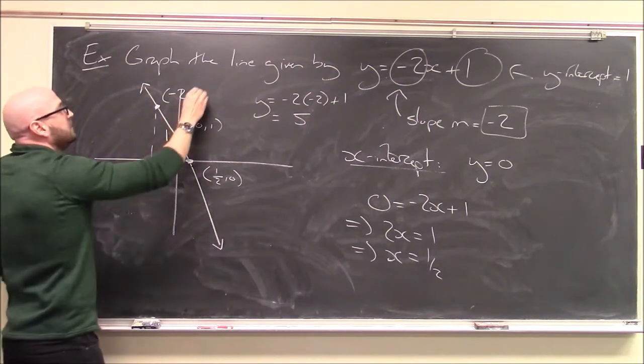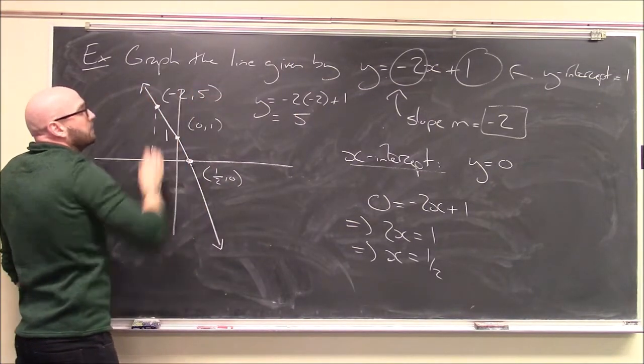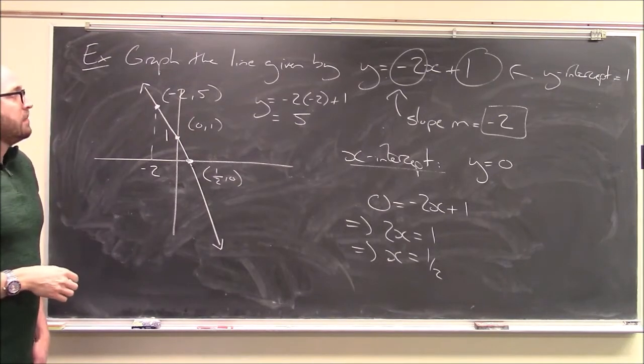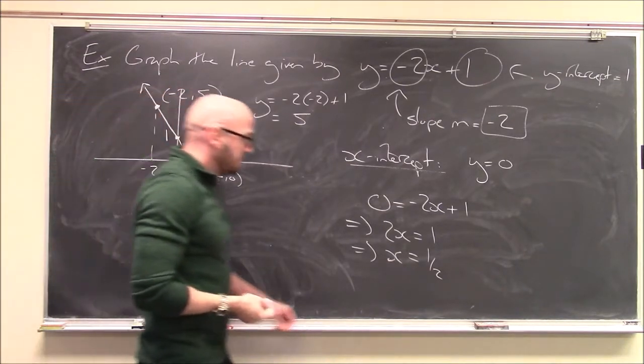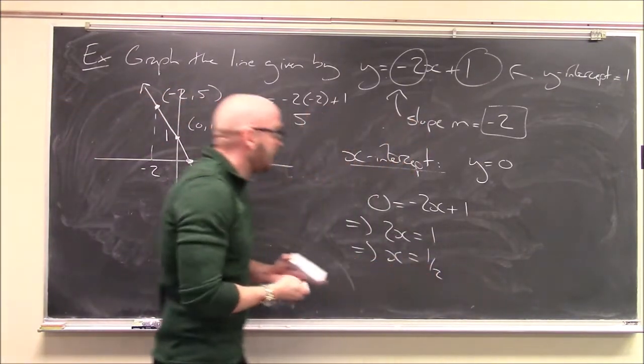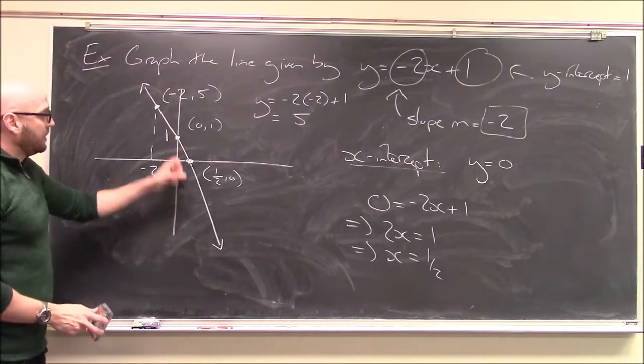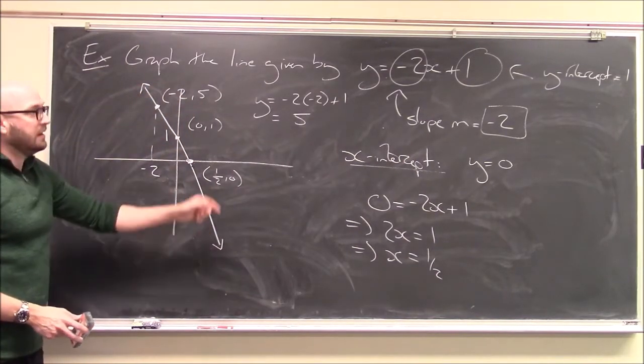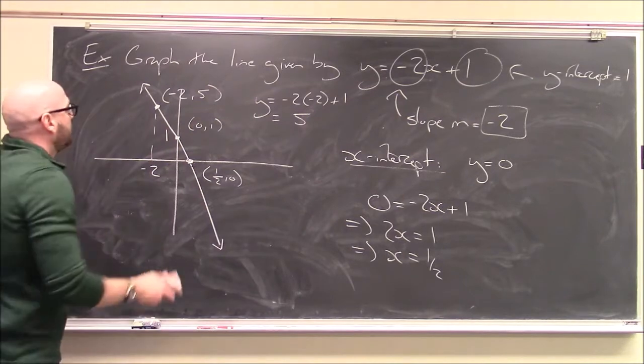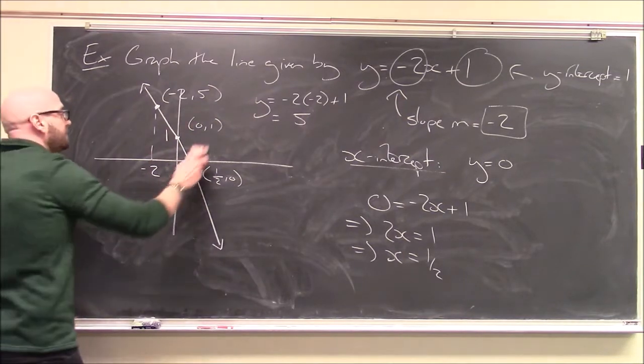So when x is minus 2, y is 5. And so this is what I'm getting at when I say this equation is the equation of the graph: all points on this straight line are solutions to that equation. So you can find all the points if you want them.